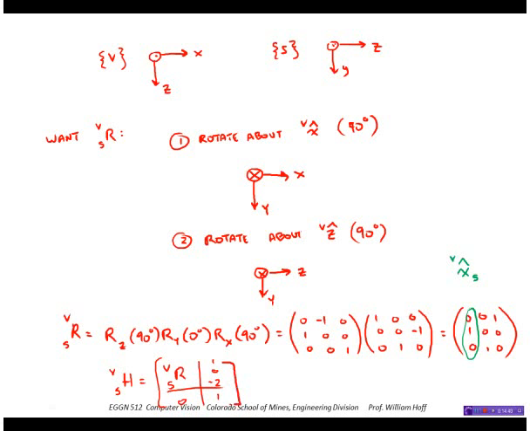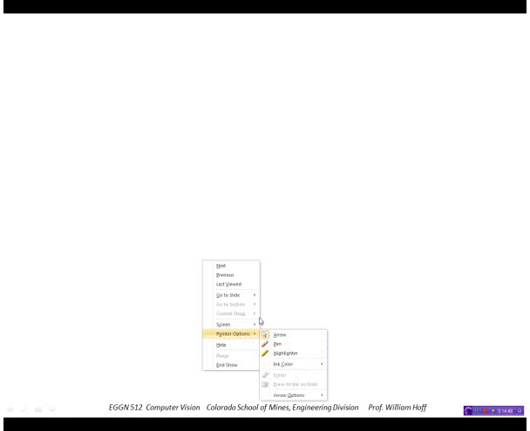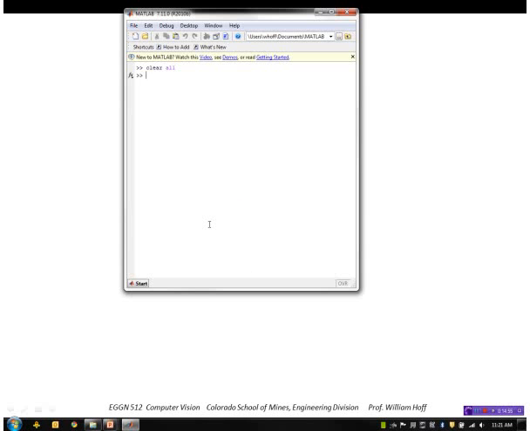Okay, so let me try to do this in Matlab. So I'm going to need the transformation from vehicle to world.